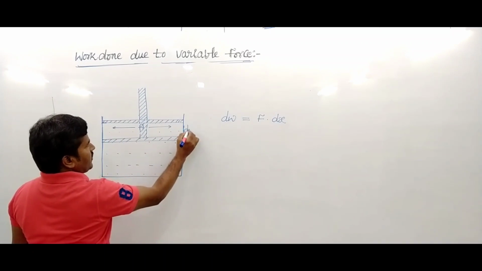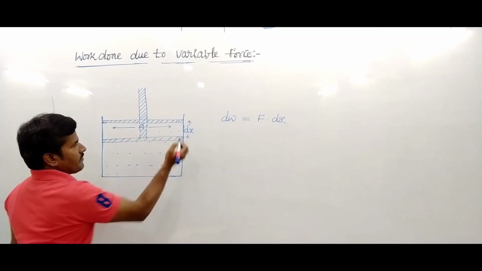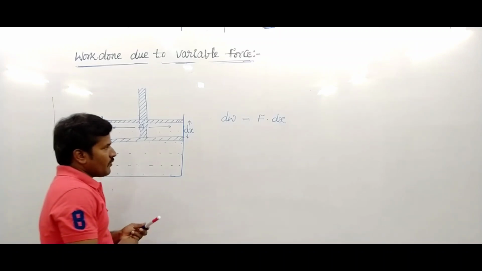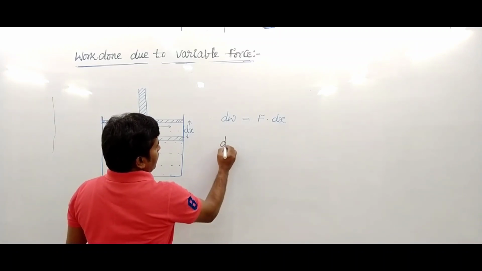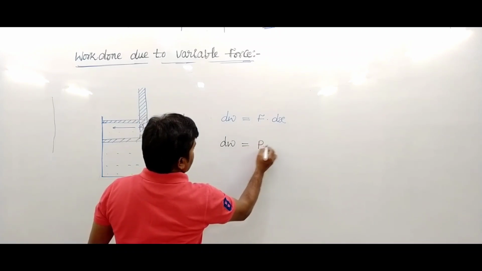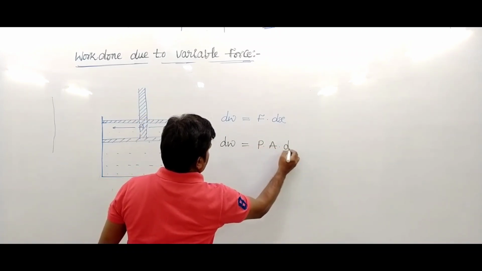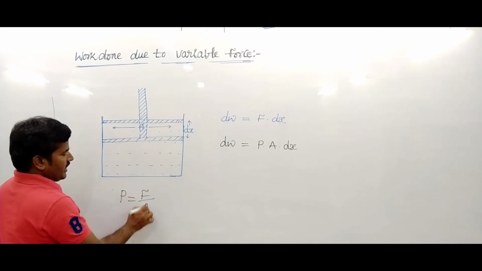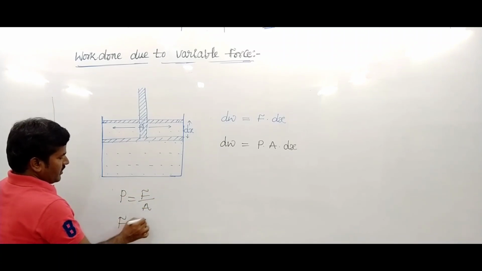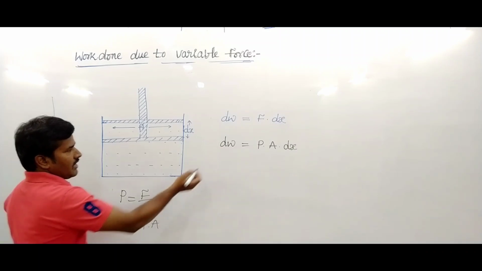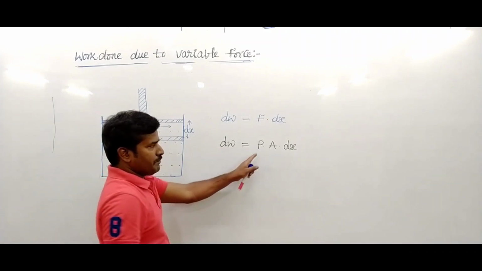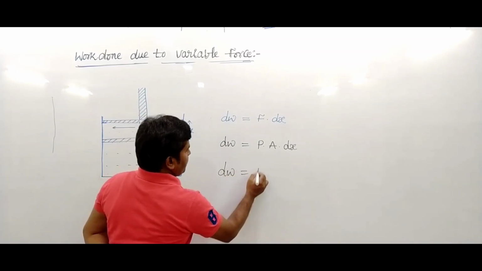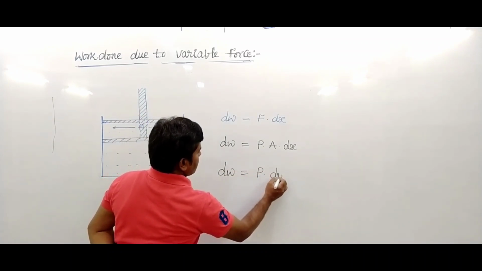Force is pressure into area, since pressure is defined as force upon area, so force equals pressure into area. Its value: dW equals P into A into dx, where dW equals P into dV.